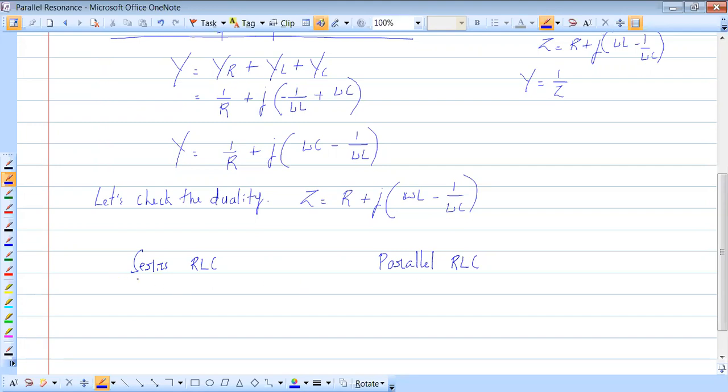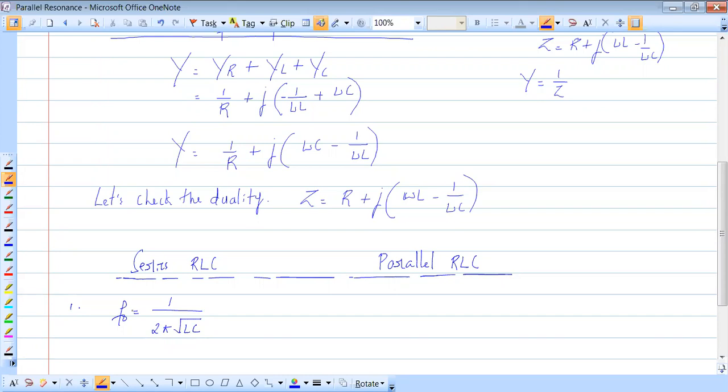Now, let's try to remember the equations one by one. What is the equation for the resonant frequency in series RLC? It is f naught equal to 1 by 2 pi root LC. Everybody understand this? This is something that we have done in series RLC.